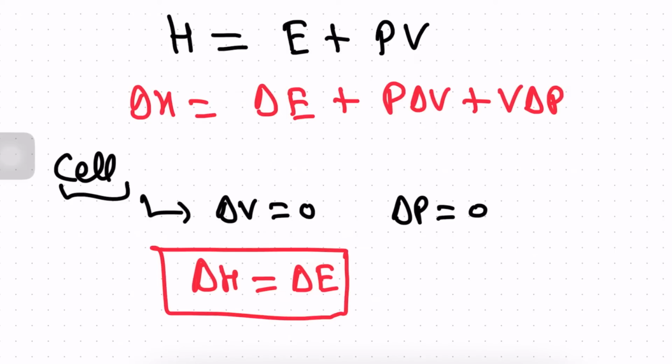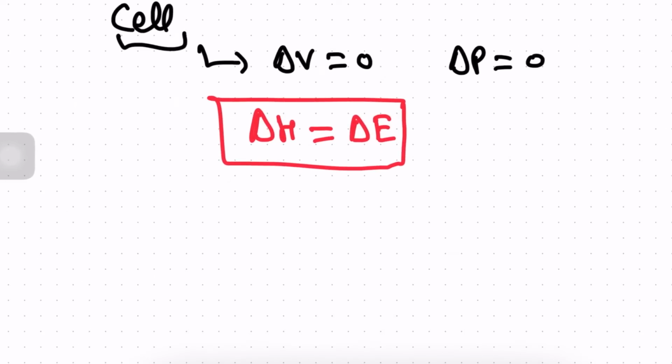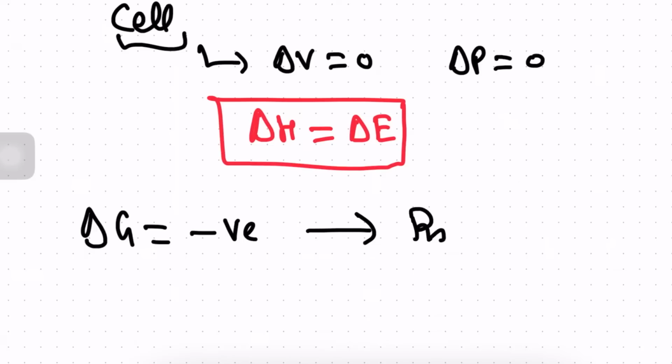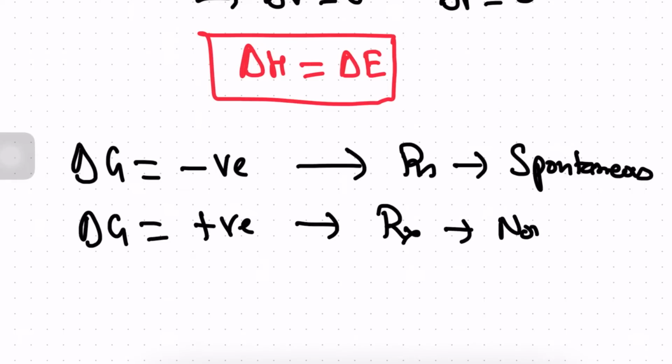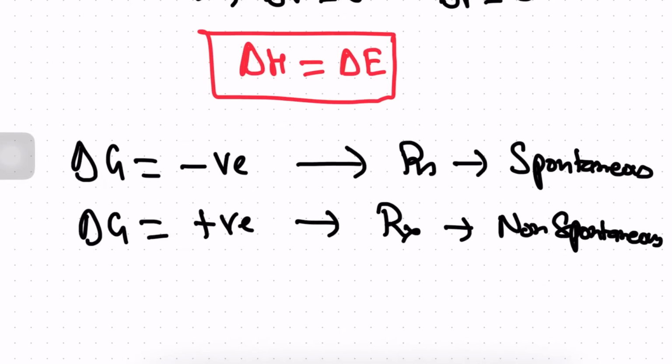Now here I have to tell you that when the value of delta G is negative, the reaction is spontaneous, and if the value of delta G is positive, the reaction is non-spontaneous.